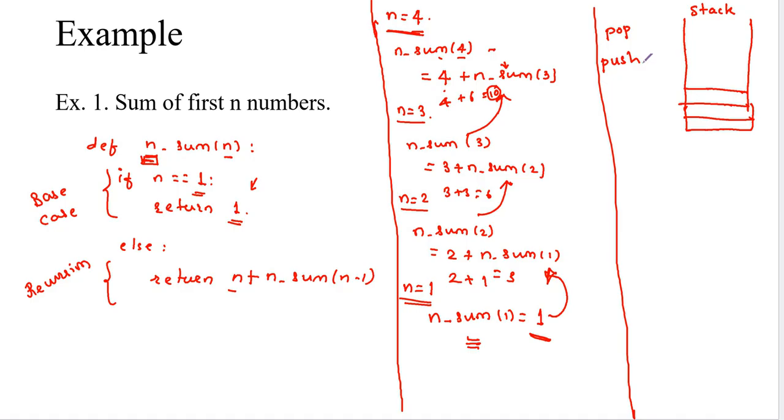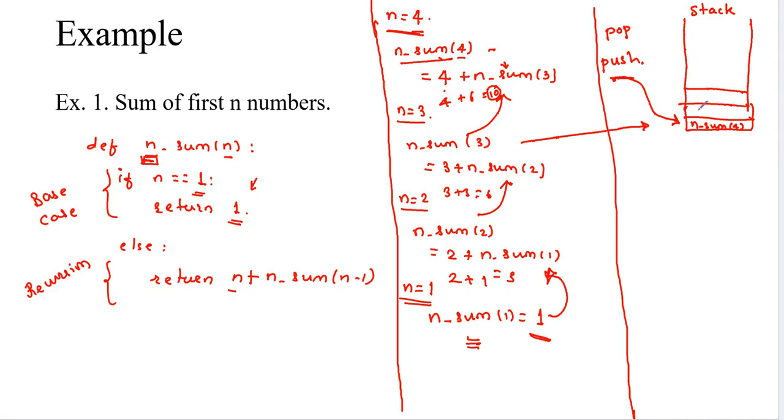So now when I push the first value, where I am calculating n sum of 4, because I didn't get the answer here, I will be pushing it. So I will be pushing that value here, that is n sum of 4, which is at the top of the stack now. Now the next value where I calculated n sum of 3, this answer also I didn't get, so that value will be pushed on the top of the stack.